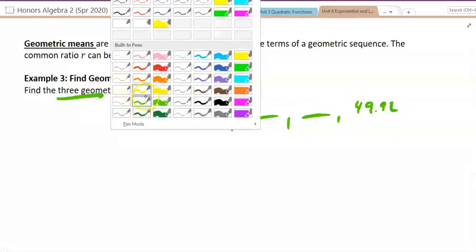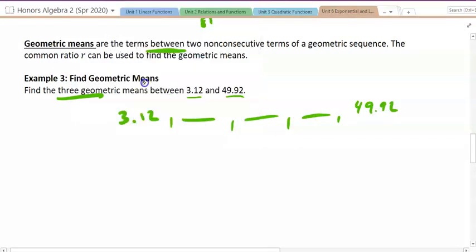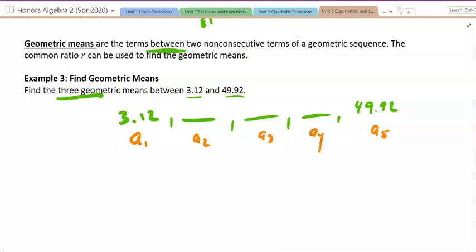I can label this as my a sub 1, and I can label this as my a sub 5, because this would be a sub 2, a sub 3, and a sub 4. And so we can use our geometric sequence formula to figure out what the common ratio is, and then be able to figure out what these 3 geometric means are.